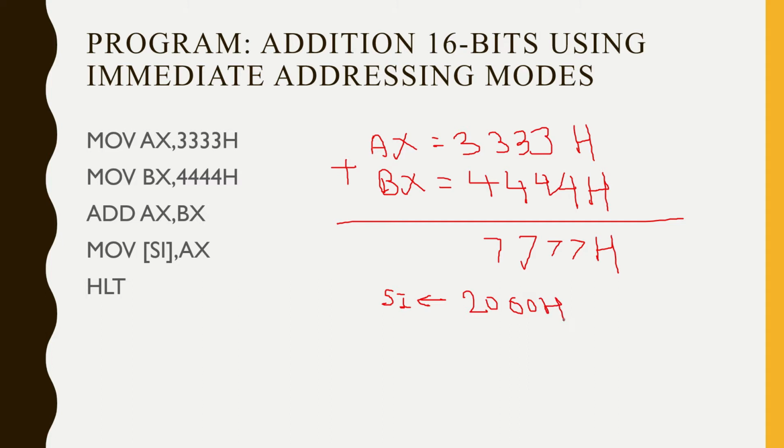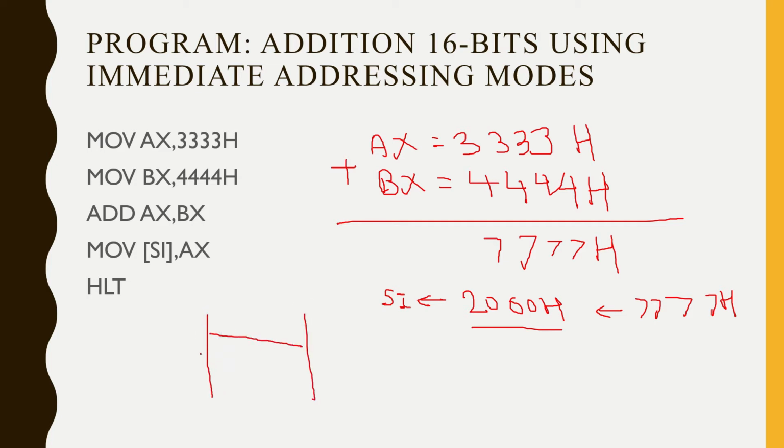So the meaning is that on memory location SI, the content of AX register will be transferred. After execution of this instruction, memory location 2000 will be updated with the content 7777H.